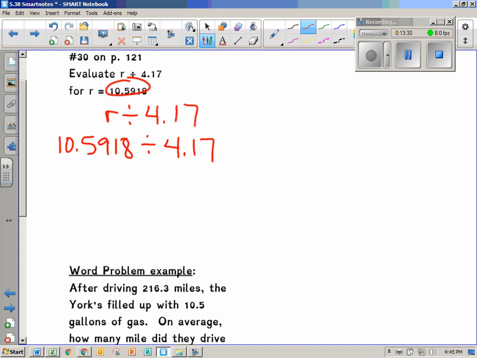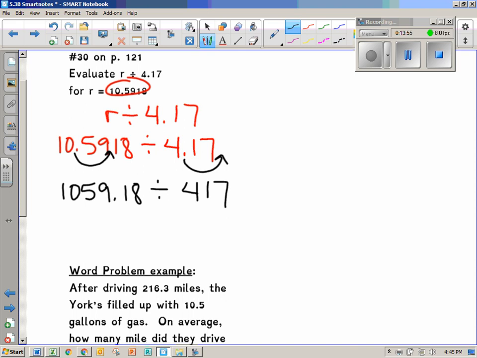4.17. Now, since our divisor is a decimal, we have to force it to be whole. So we have to move it 2 places, and we do the same thing over here. So we're going to work the problem 1059.18 divided by 417.